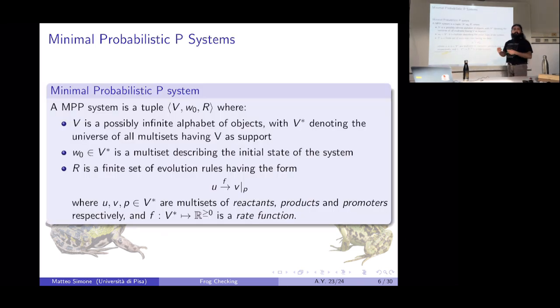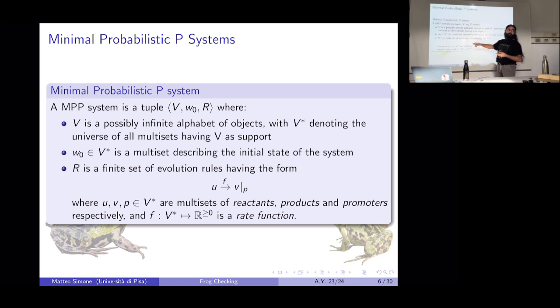A nice way to model an LE complex, the lessonae-esculentus complex, is via a minimal probabilistic P system. This all basically just boils down to a set of individuals and a set of rules which model the behavior of our systems.